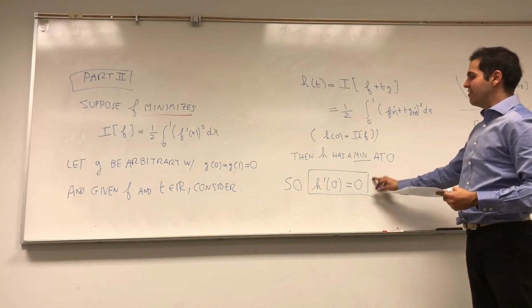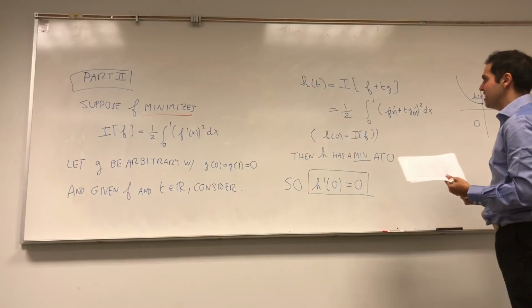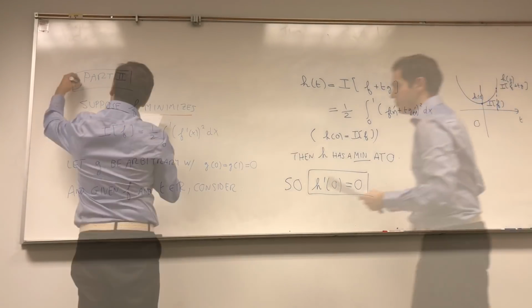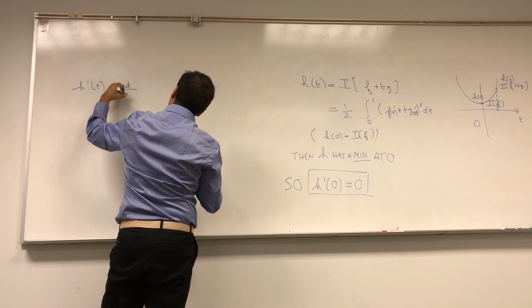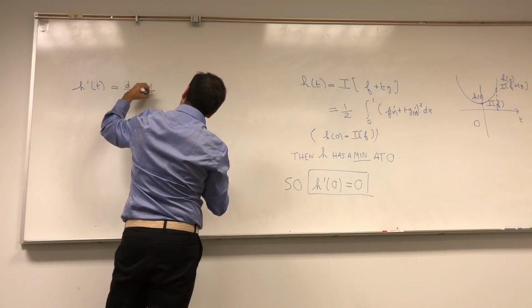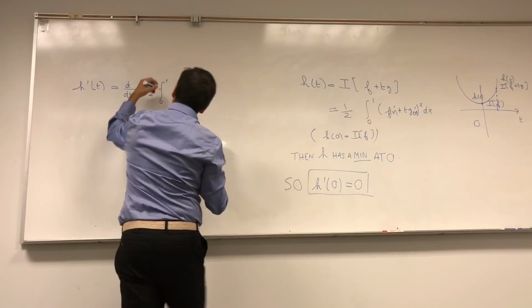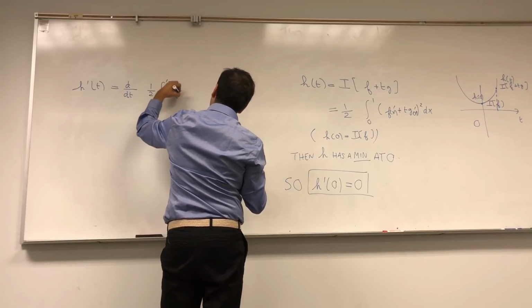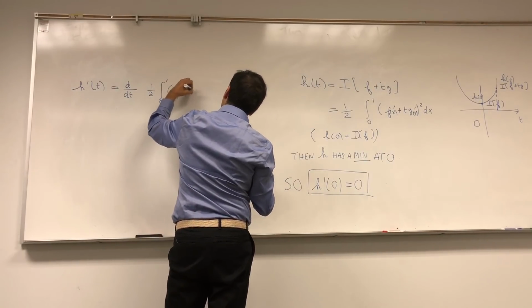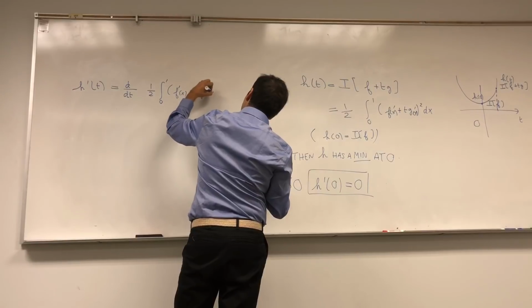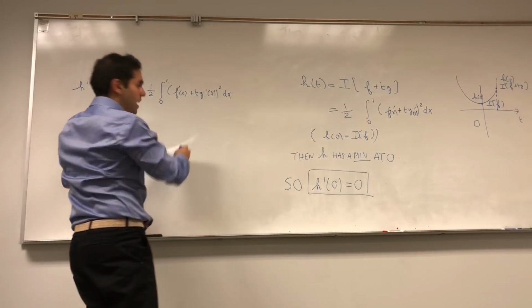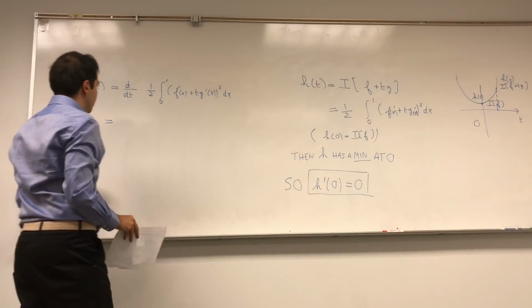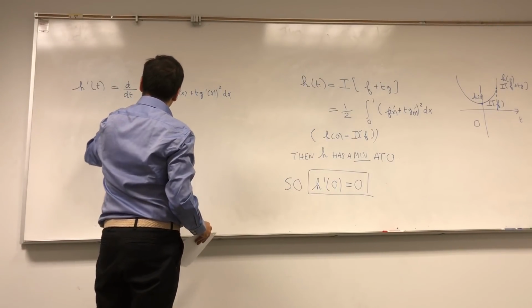So now that we have this info, let's calculate h prime of t. That's d over dt of 1/2 integral from 0 to 1 of (f prime of x plus t g prime of x) squared dx. Again, stuff is smooth, so we can just pull the derivative inside of the integral.